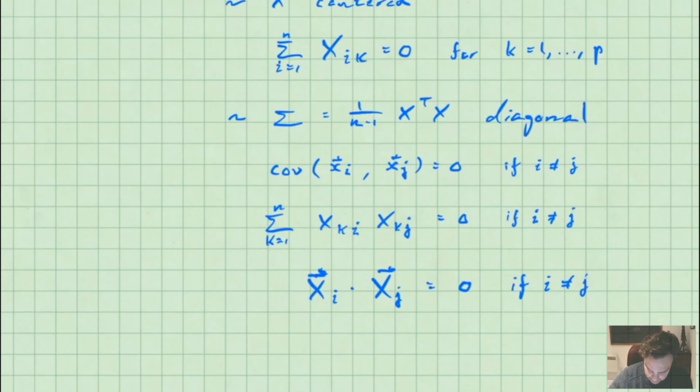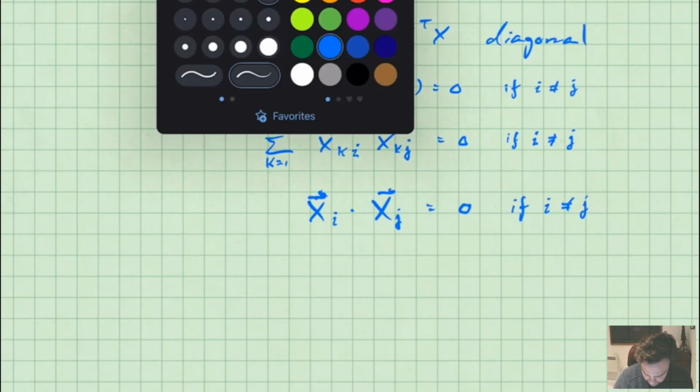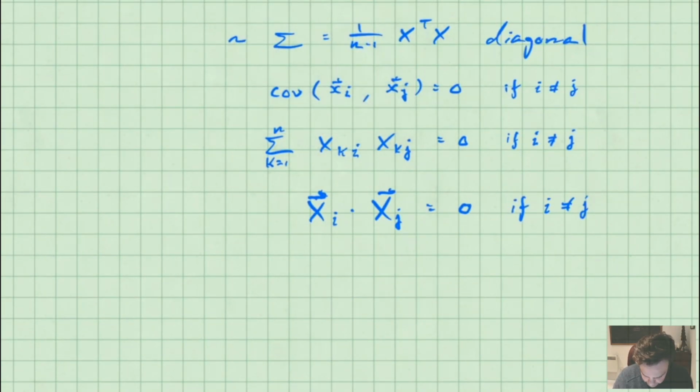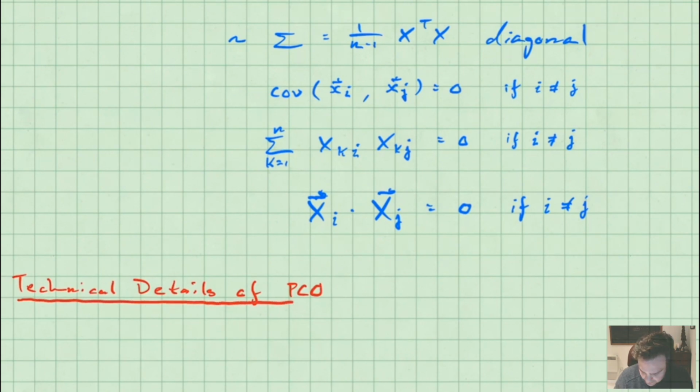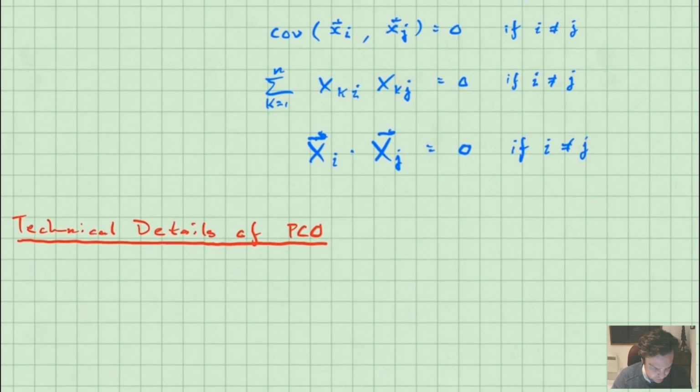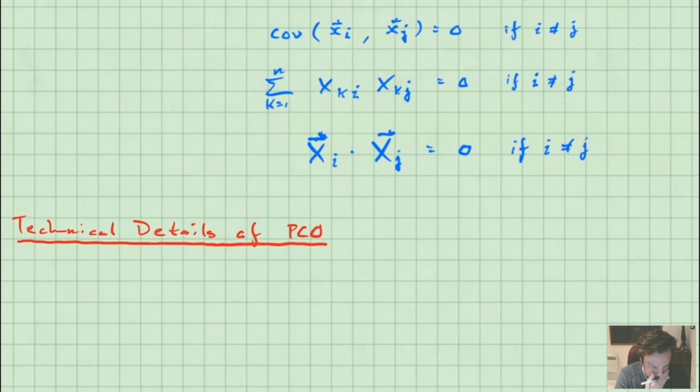So, technical details of PCO, or in other words, classical multidimensional scaling, which I'll just call PCO because it's easier to write.